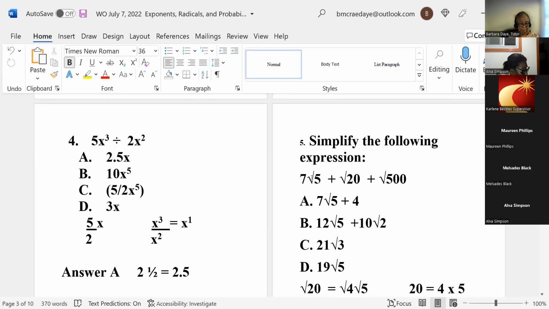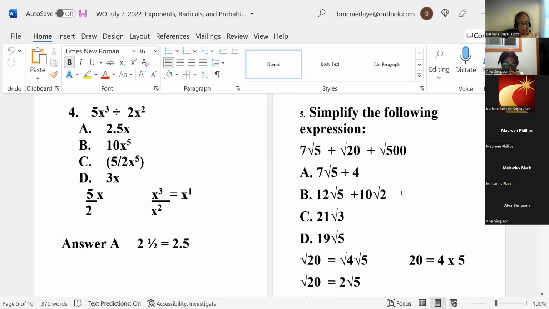So, like I said, the hint was the square root of 5. If I can make my 20 and my 500 factors include a square root of 5, then I can simplify it. Miss, I simplify 500 to 20 times 25 and I get 500.